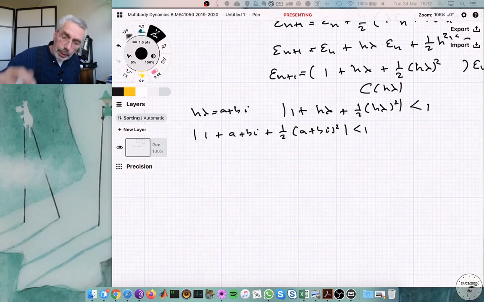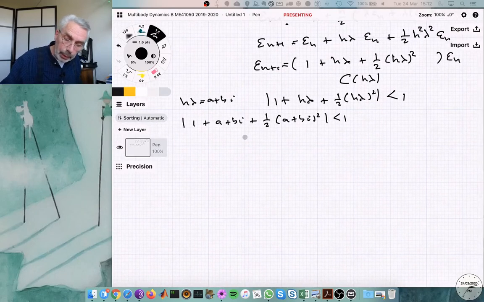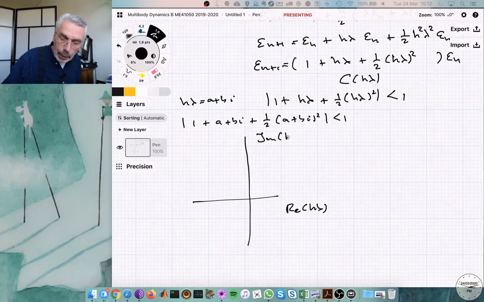And if you plot that, those who are very good in complex analysis will immediately see, of course, that this is an ellipsoid. I don't see it, but some do. So here we say the real part of h lambda, and here we have the imaginary part of h lambda. Then what do we get? Well, apparently, if you take pure real solutions, we again come to the conclusion that at -2 is the crossing, and at 0, and then 1 is 1.